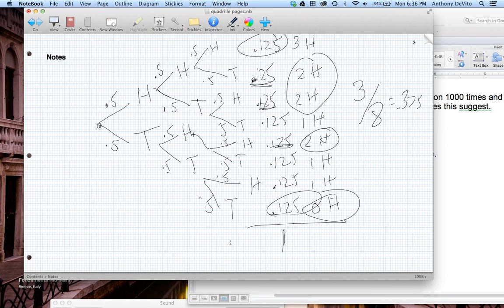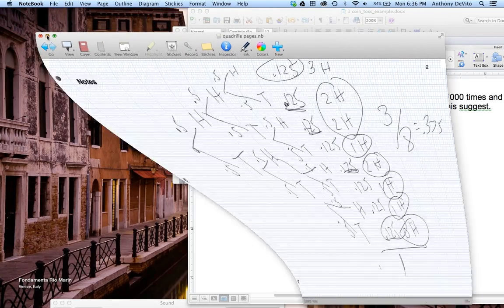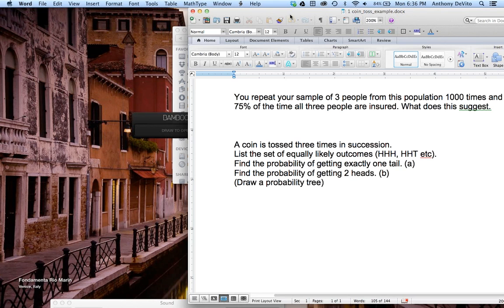It's going to be the same probability. In fact, getting 2 tails is the same thing as getting 1 head out of the 3 tosses. So there are three possible outcomes that satisfy that. That's pretty interesting, right? It's pretty simple.